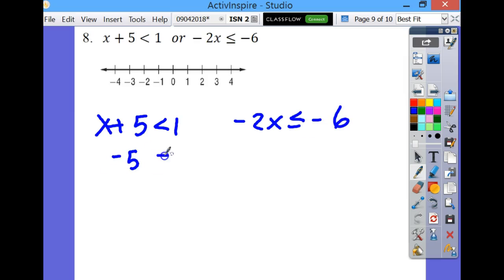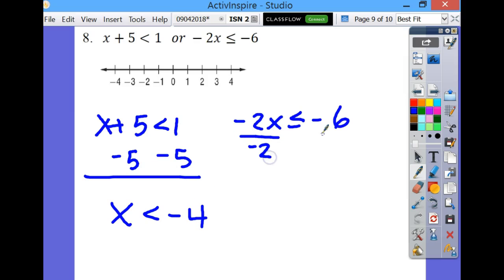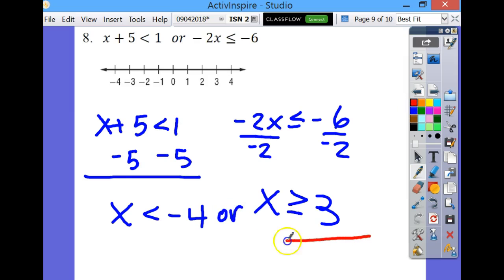And I'm going to subtract 5 from both sides. X is less than -4. On this part, I'm going to divide by -2. When you divide by a negative, it switches the less than to a greater than. All of this is the answer. The answer has two parts because the question had two parts.